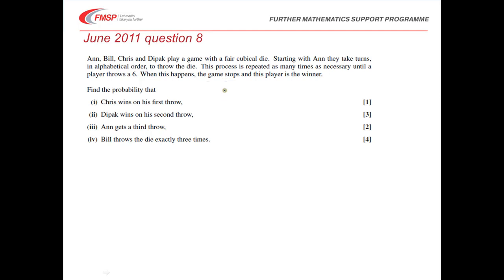So for each player, doesn't matter if it's A, B, C or D, each player is following a geometric distribution because it's all about the first time that it happens, and it's going to be a geometric distribution with a probability of success of 1/6. So find the probability that Chris wins on his first throw.